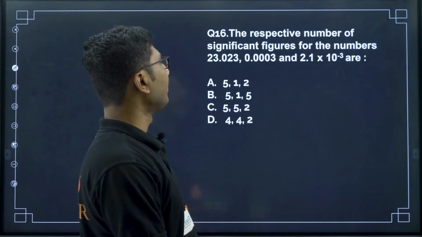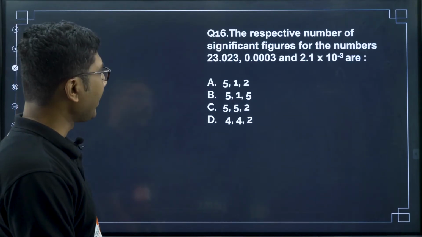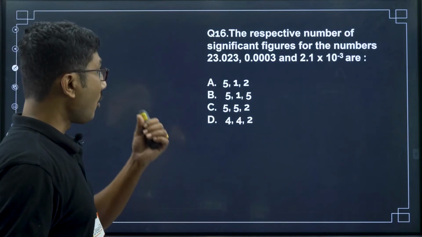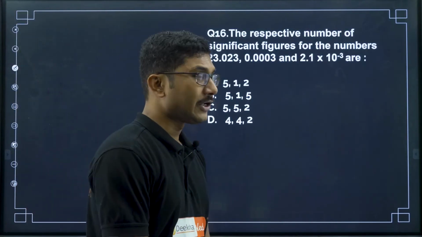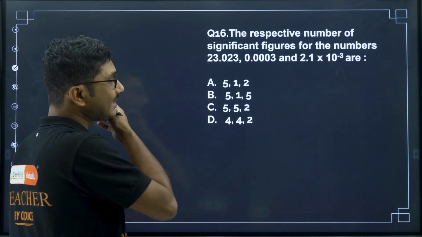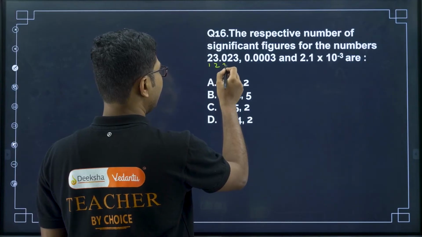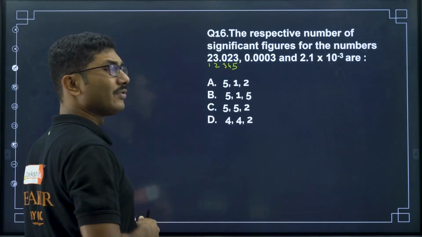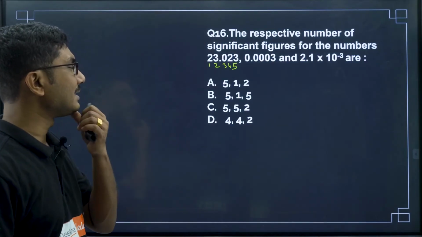The respective number of significant figures for the numbers 23.023, 0.0003 and 2.1 times 10 to the power minus 3 are. So what is the significant figure for this? 1, 2, 3, 4, 5. Everything is significant. This 0 is sandwiched between the other numbers, so it is significant.